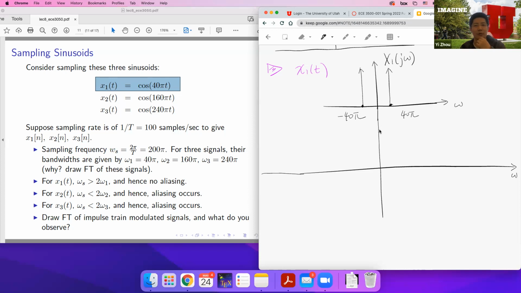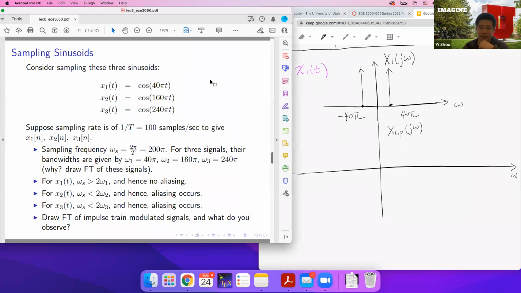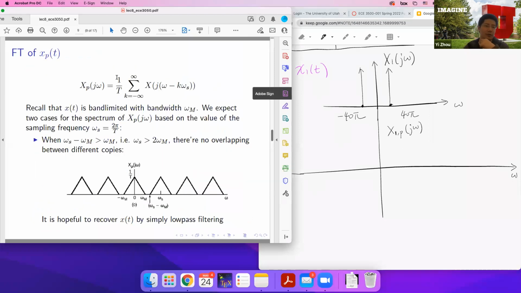So now we want to look at X1p(j omega), the corresponding sample version. And how do we do that? Well, we follow this equation.